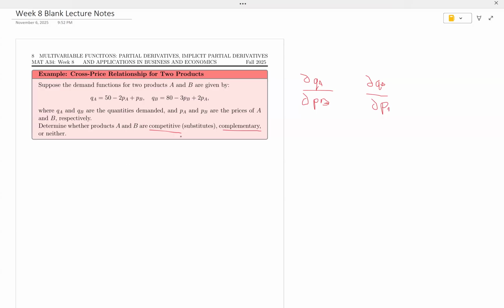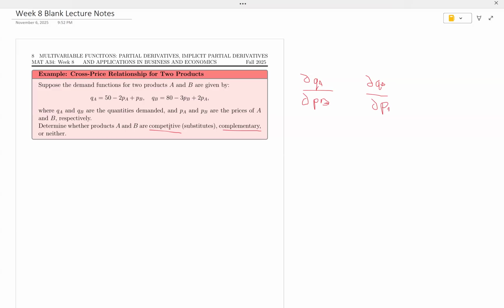Okay. For it to be competitive, our partial derivatives have to be positive. For it to be complementary, the partial derivatives have to be negative. All we're doing is taking the partial derivative and determining, is it positive or negative at a given point?